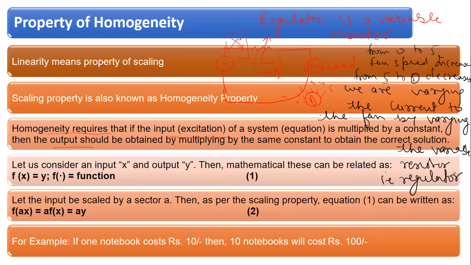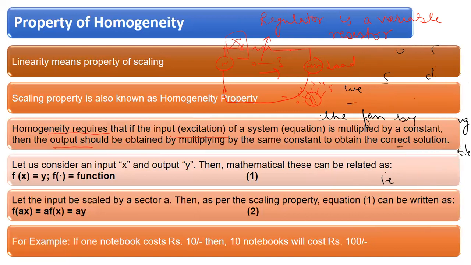By varying the regulator, you are varying the resistance. Okay. Now, what actually is happening? If you have understood this, what is this scaling property? What is the scaling property?